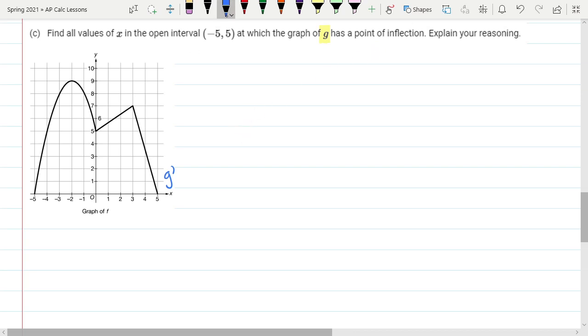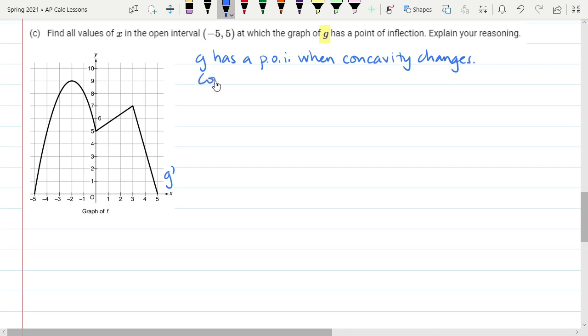So I'm just going to kind of write down my thoughts here. This isn't quite the response yet. I just want you to see the thought process here. So remember, g has a point of inflection when concavity changes.